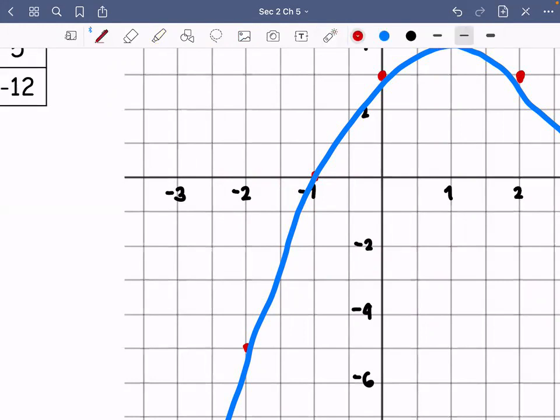I'm just approximating. So our answer is around -4.4, because this is 0.5. So our answer is -4.4.